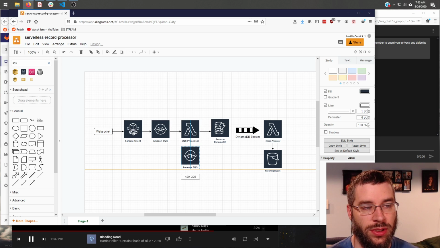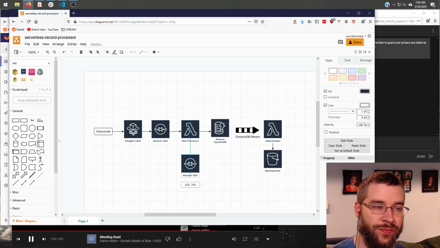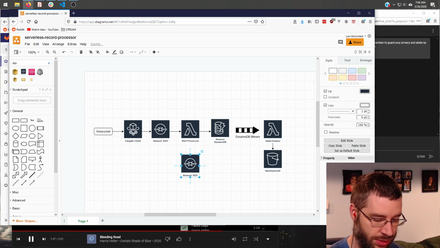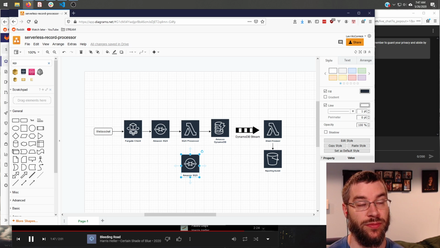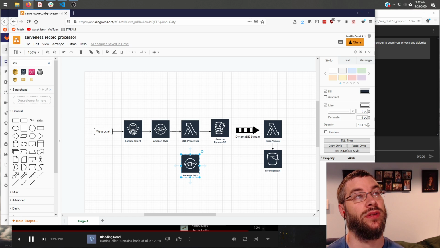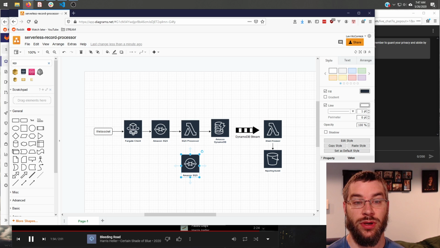Whenever a Lambda function fails, whenever there's a failed invocation, you can take the event that was fed to it when it failed, and you can shuffle that off to some other destination.